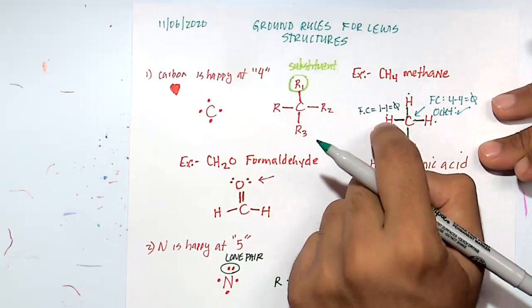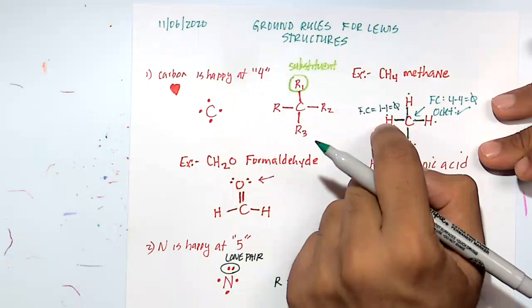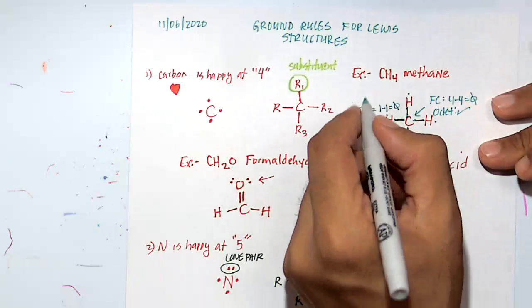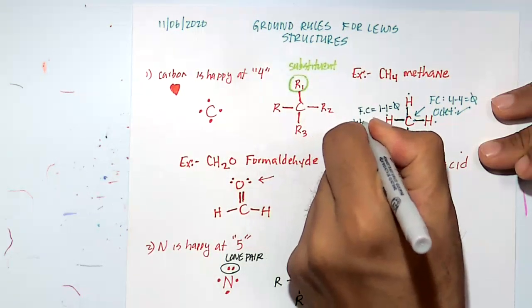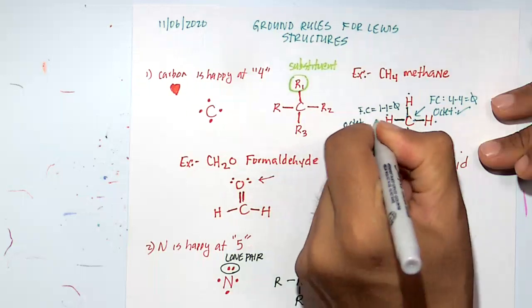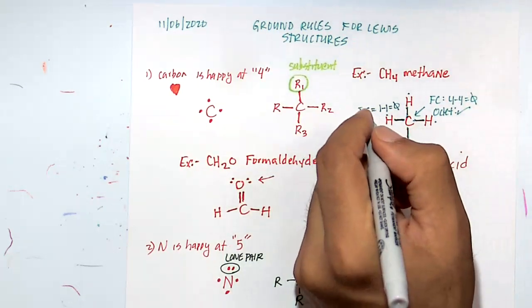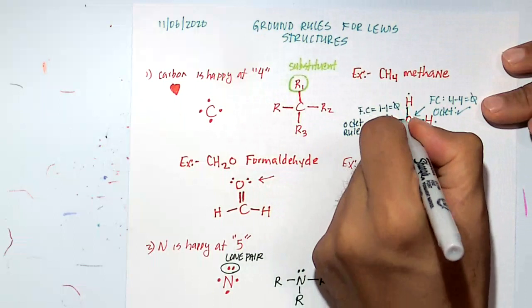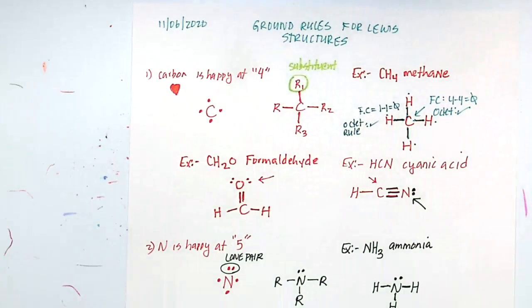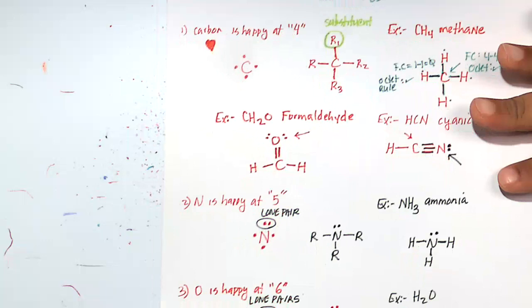So the formal charge on that hydrogen is 0. What about the octet rule? Here you count everything individually. 1, 2. Remember, the octet rule for hydrogen is a little bit different than all the rest.